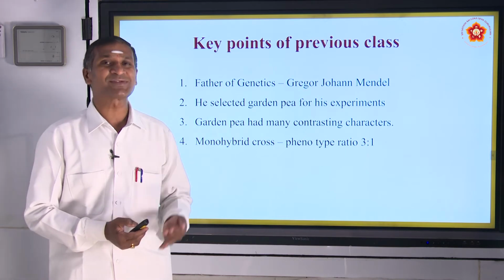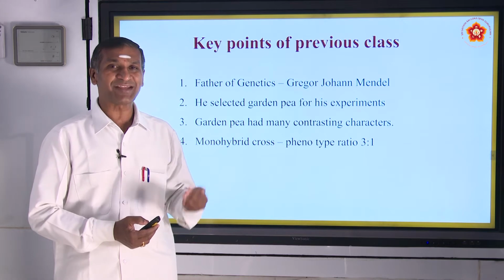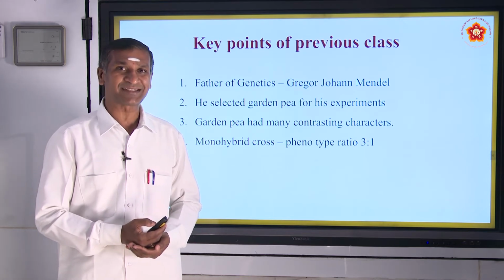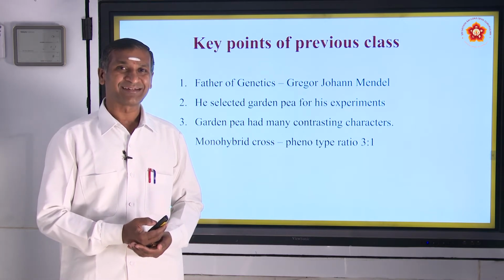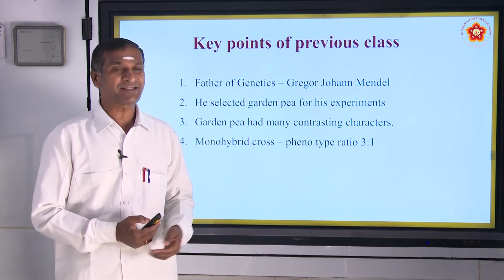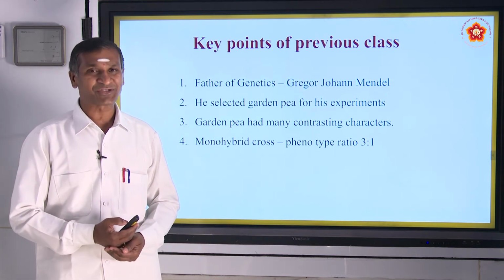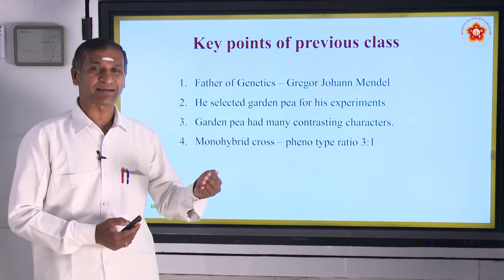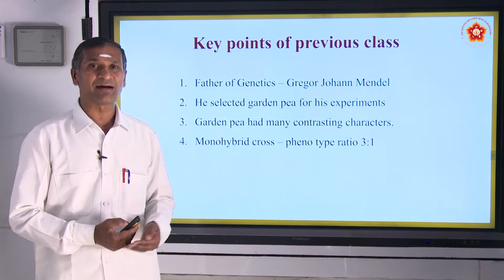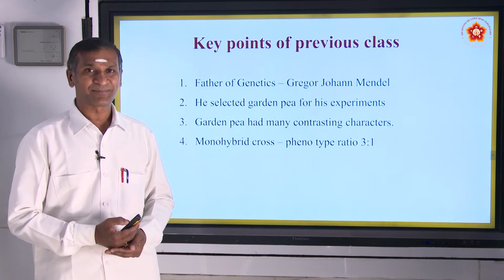Samarth is ready with the list of all those characters, quoting in a perfect way. Very good, that's very important. The garden pea had many contrasting characters such as stem length, position of flower, pod color, seed shape, seed color.